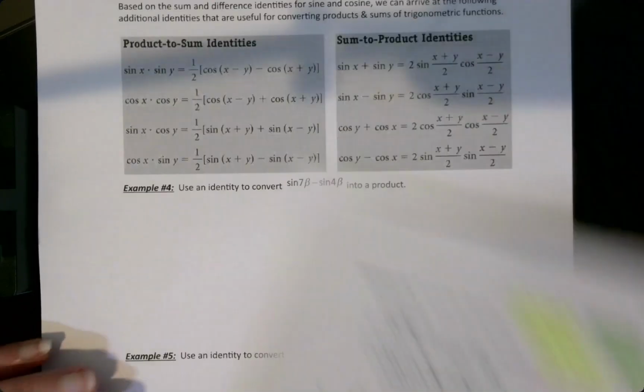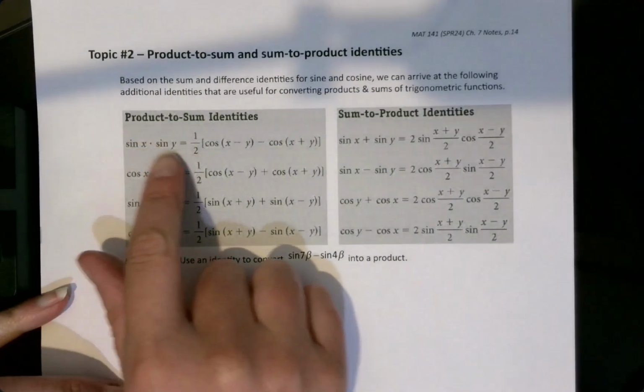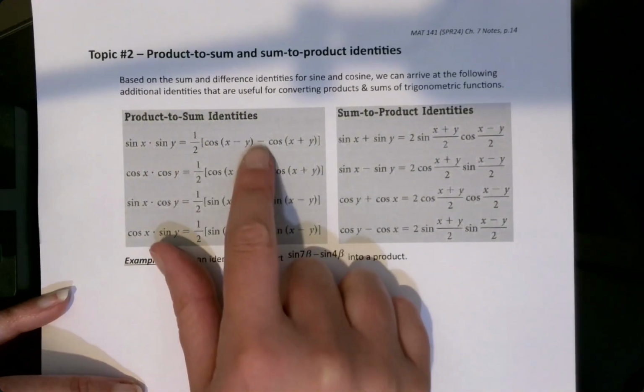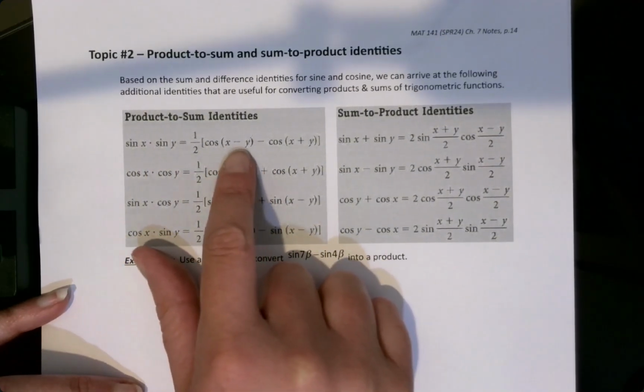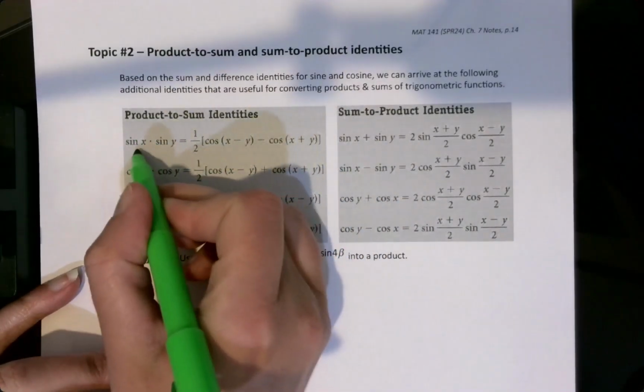All right, on the next page, we're looking now at the product to sum and sum to product identities. So these are identities for taking things that are either the product of two different angles, so the sine of x times the sine of y, and making them either a sum or a difference of a singular angle, that is the difference or sum of the two angles in the product.